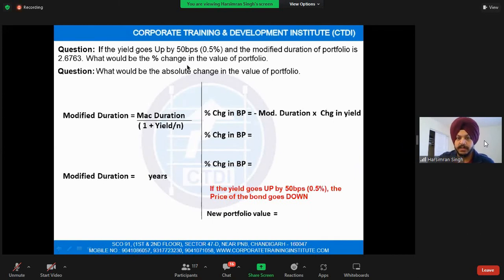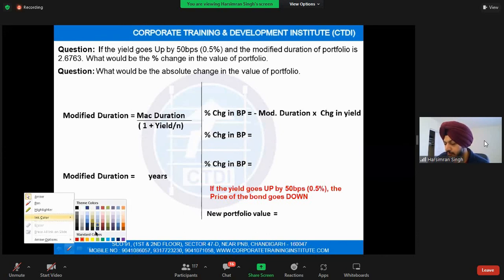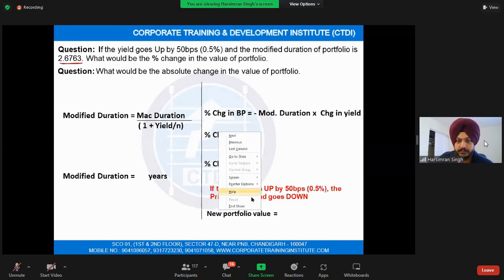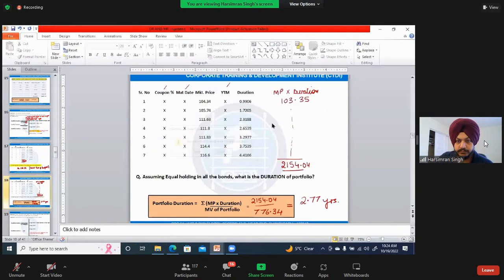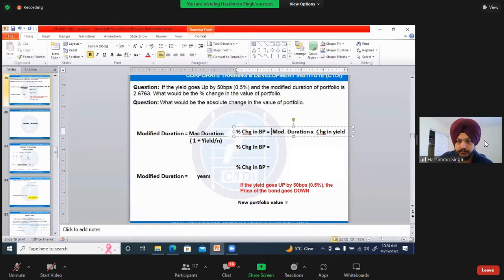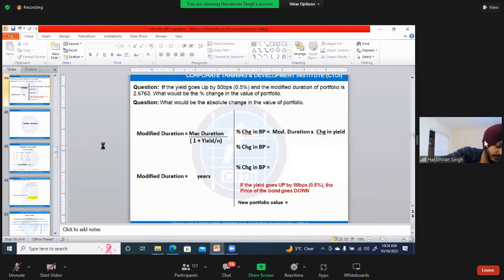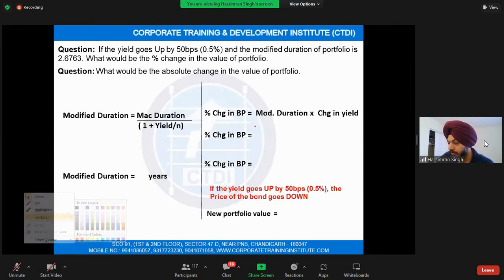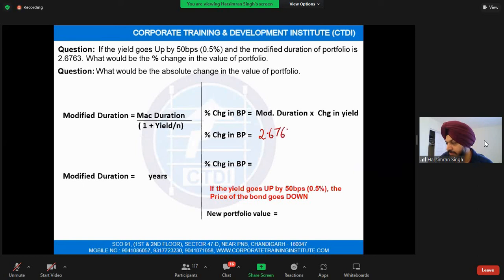So simple, in this case, what is the modified duration? It is given, 2.6763.